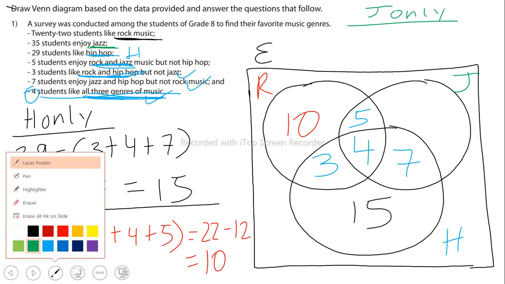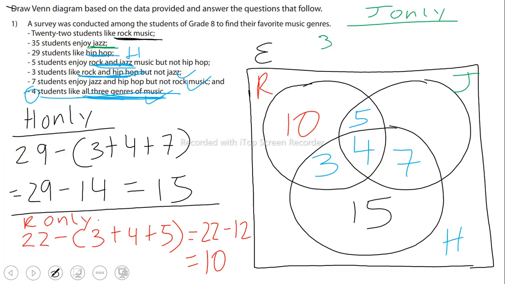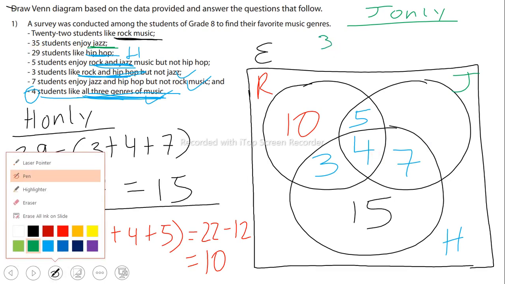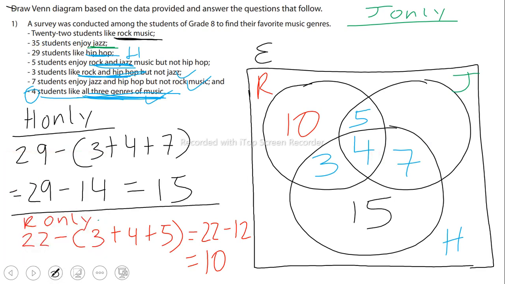So it's going to be 35, sorry, let me write that clearly. It's going to be 35 minus 5 plus 4 plus 7.